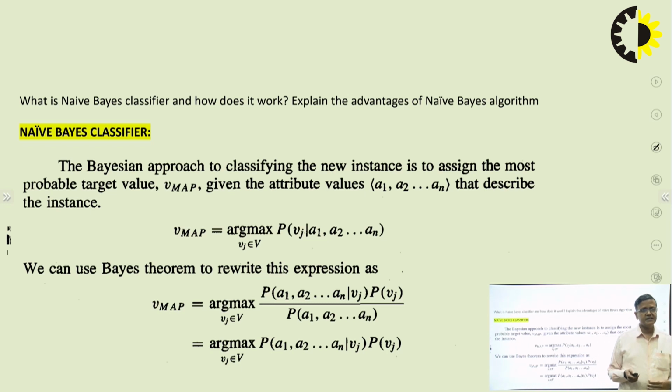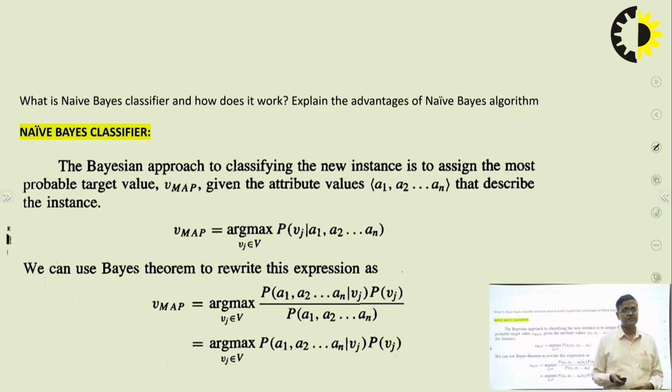So in the naive Bayes classifier, the Bayesian approach to classifying the new instance is to assign the most probable target value, VMAP, given the attribute values A1, A2 till AN. So we are using the maximum a posteriori value for the target.